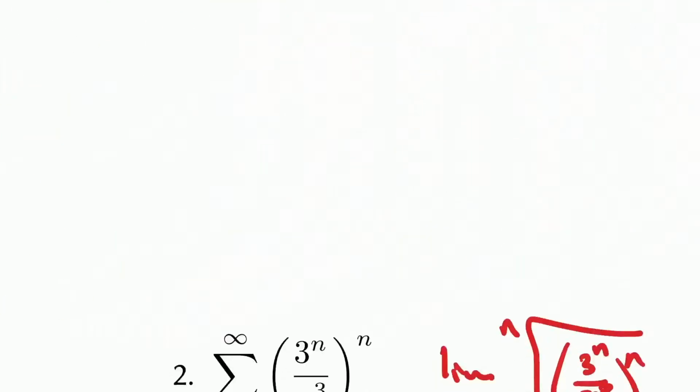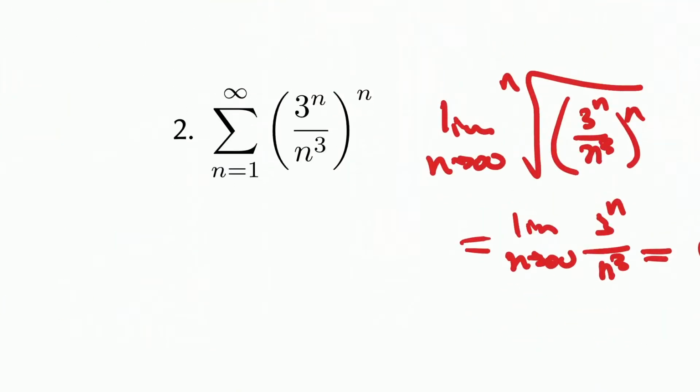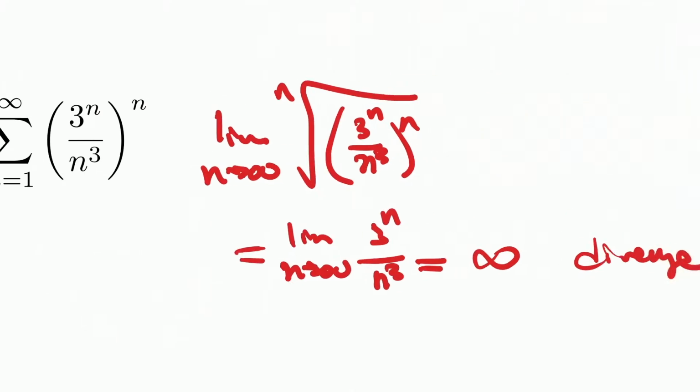So this one was a little bit harder, because you might not have known what this limit was or how to do it. I think we've had a few of these already, but here's the limit. Get rid of the n, and you get this. The answer is infinity.